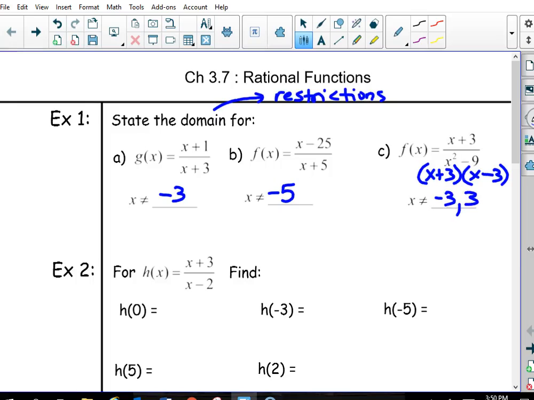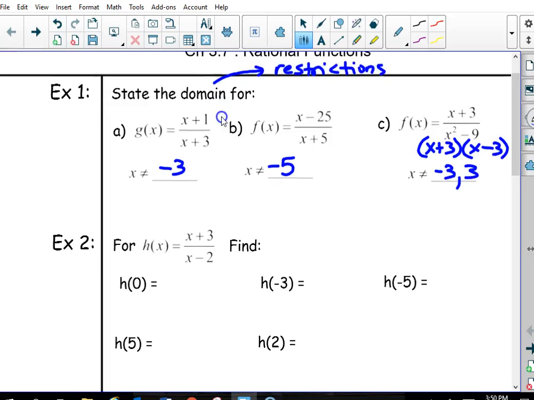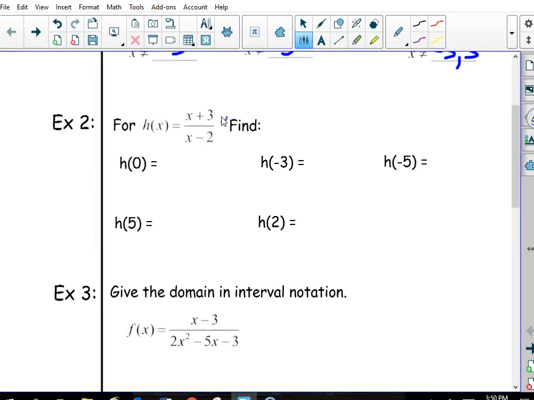Okay, on to example 2. It gives us another rational function, and it's just asking us to evaluate it. So we're going to plug in a 0 everywhere we have an x. Looks like I get a -3/2 out of that. Same with -3.